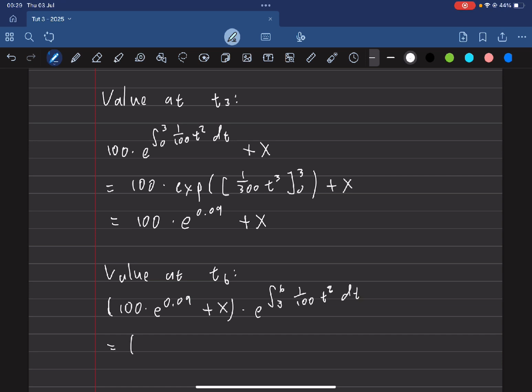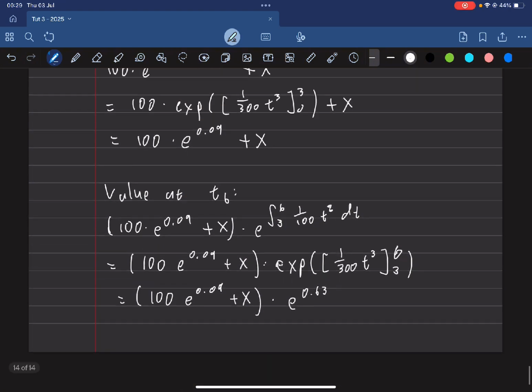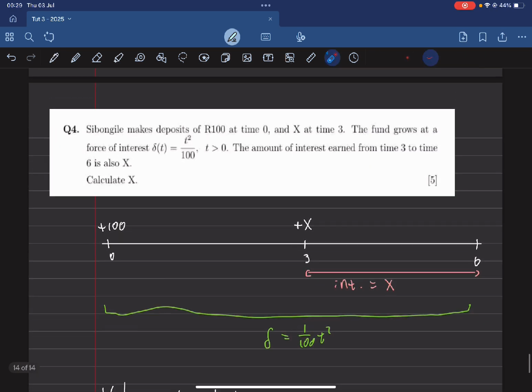That's 100 e to the 0.09 plus X multiplied by e to the power of 1 over 300 t cubed evaluated from 3 to 6. Subbing this in, we get 100 e to the 0.09 plus X multiplied by e to the power of 0.63. Now we've got the value at 3 and the value at 6.